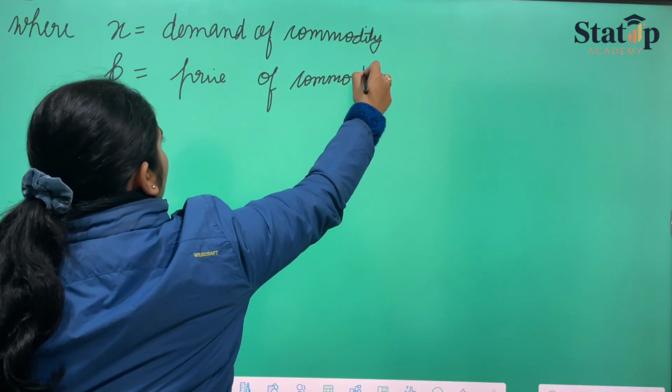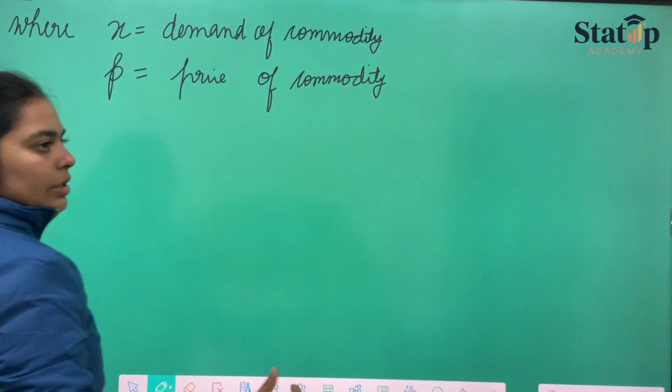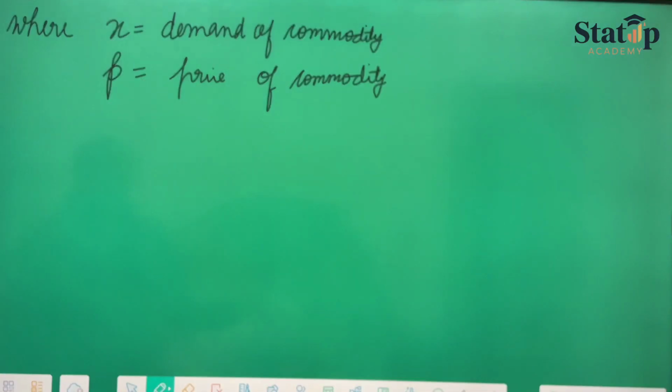We can take commodity X, A, or just write commodity as well. All of them are correct.